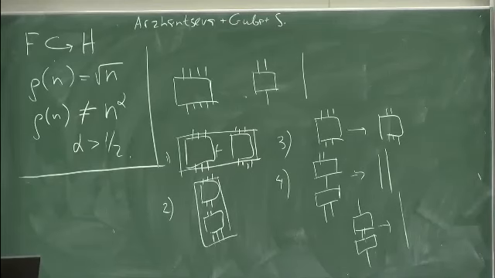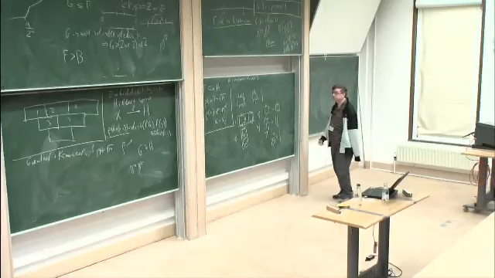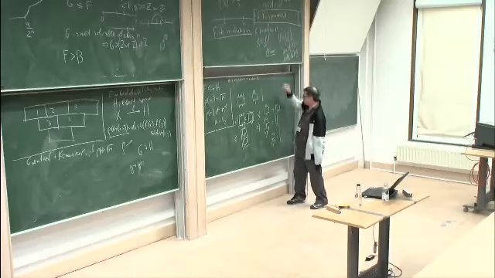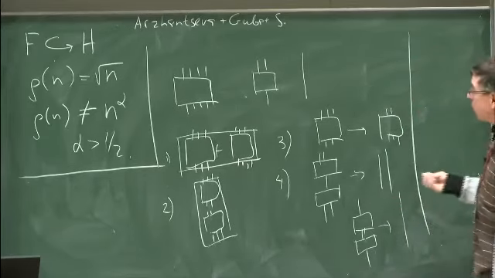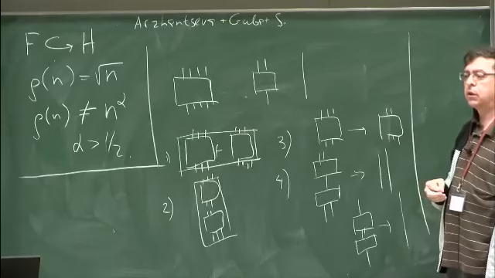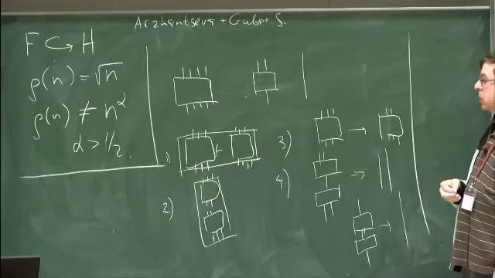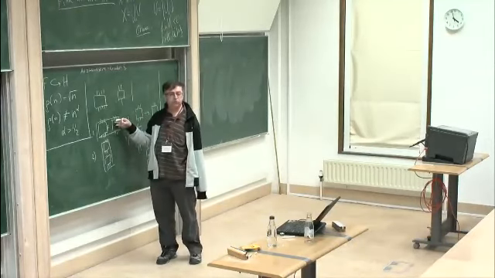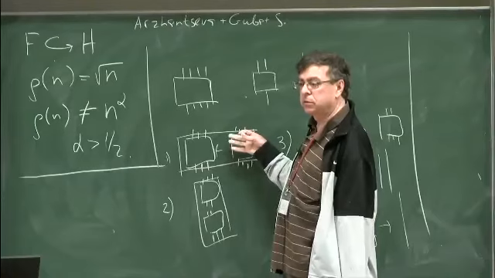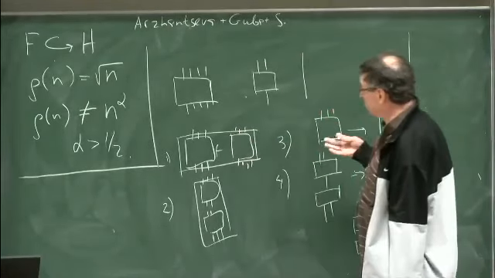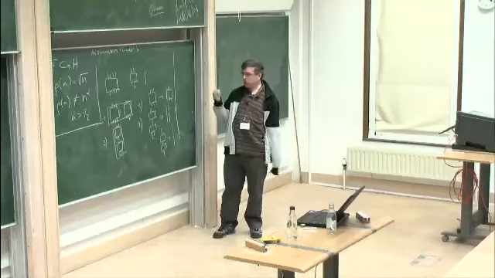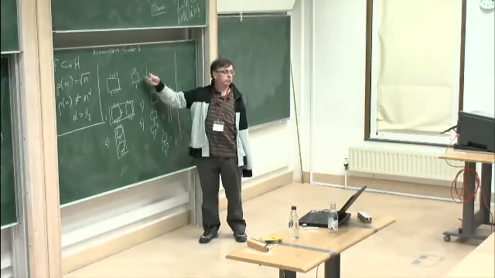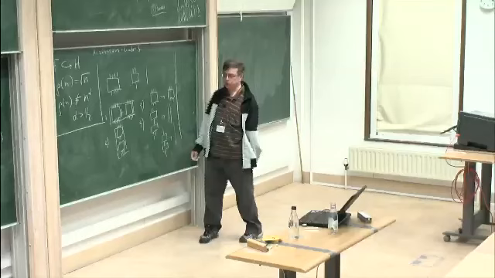So the transistors are everything which you can get using these operations from these basic things. That's all the transistors you can get.